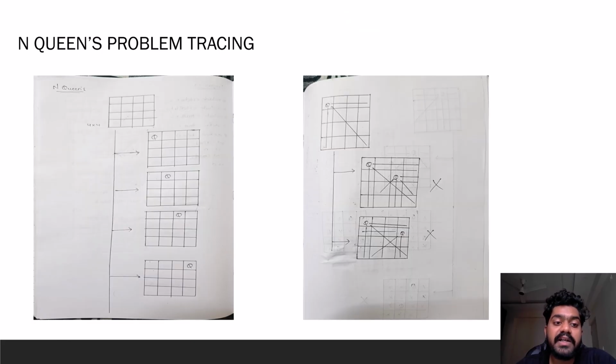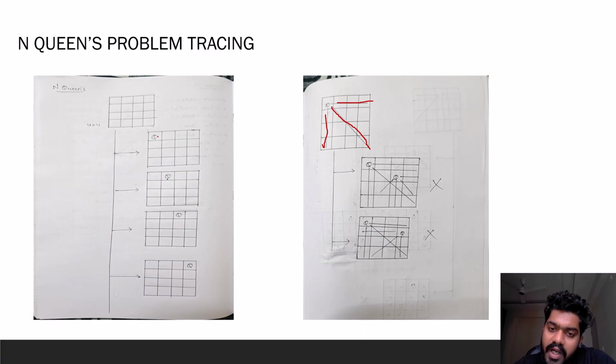Now we'll trace it, I mean manual tracing. First we'll take a 4x4 chessboard, and first we'll try to put a queen in the first row, first column, first row, second column, first row, third column, and first row, fourth column. First, when we put a queen in the first row, first column, this column is ruled out, this row is ruled out, this diagonal is ruled out.